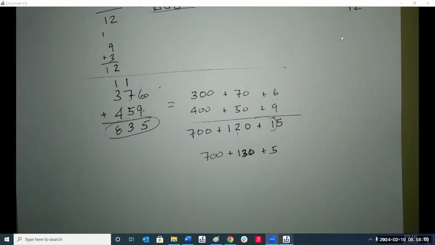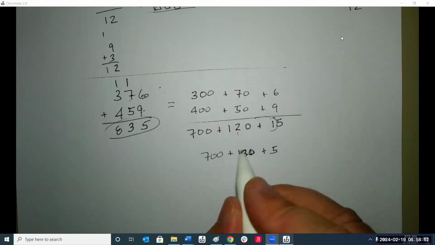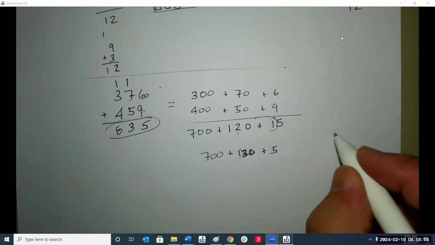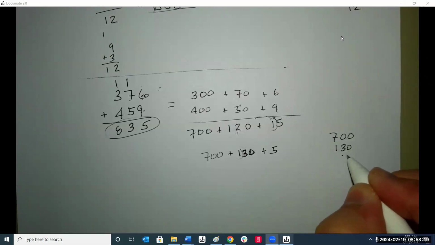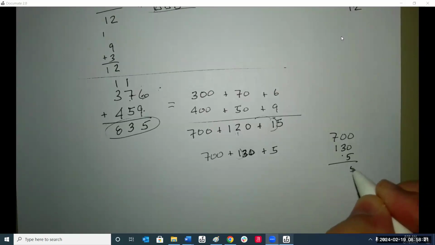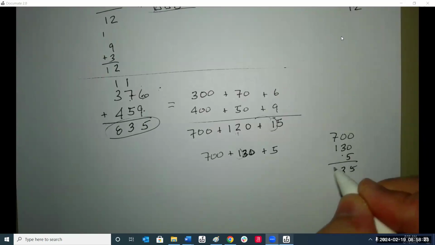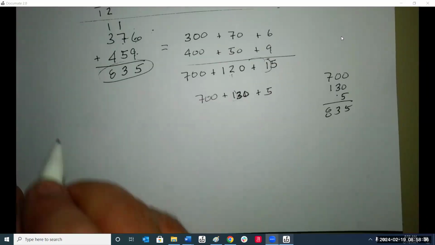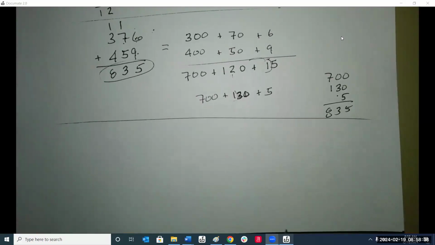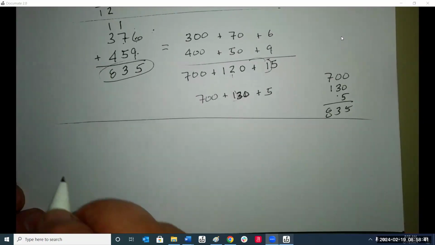So if we line them up and add straight down, we get 835. And I'm not going to say that that's the only way of doing it. We can just keep on doing that, whatever's easiest for your kids, because every kid learns at different paces, so each class may be different.